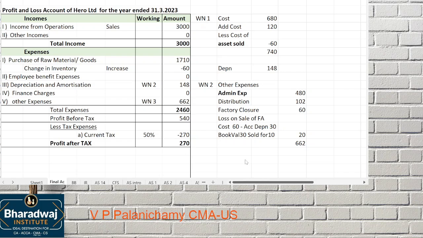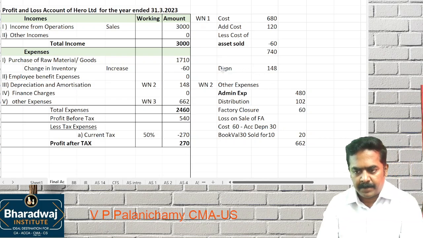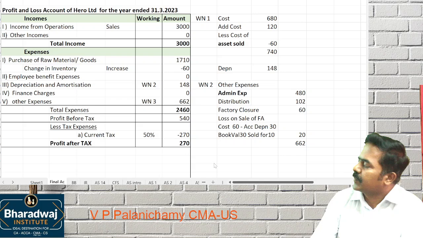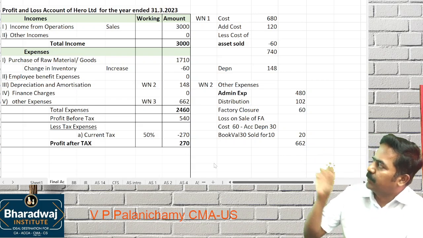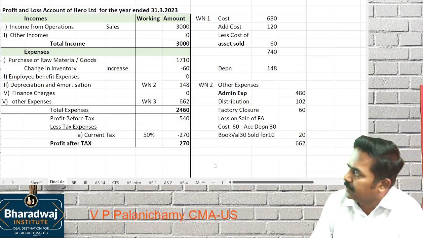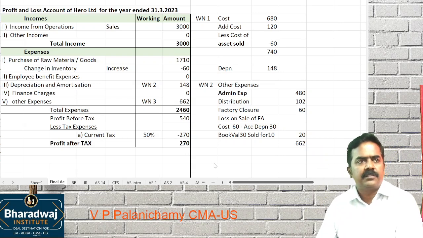For classroom and examination point of view, of course, you have to do it fully. So take up this. After completing this, go to balance sheet related schedules and working notes.